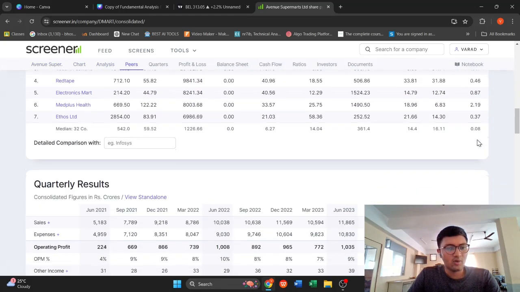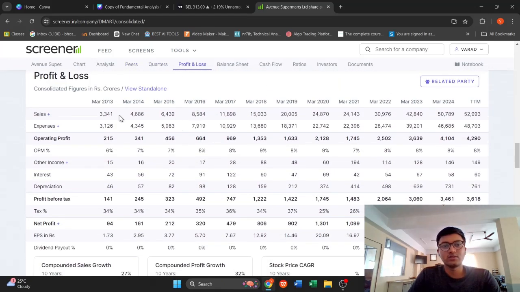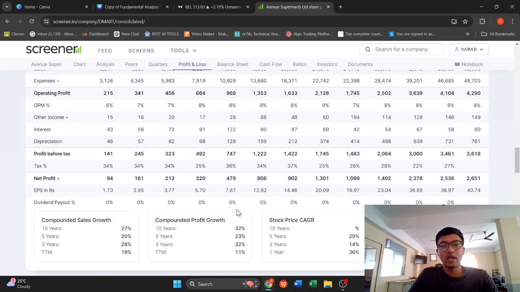Again, analyzing the profit and loss statement, the sales of this business are continuously growing, and you can see an upward trend. If I plot this on an Excel sheet, I'll get an upward graph, and there are no revenue fluctuations. Same in the case of net profit. Yes, this is continuously increasing year on year.